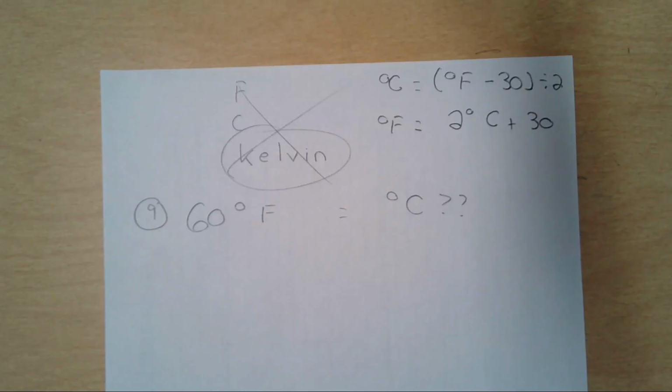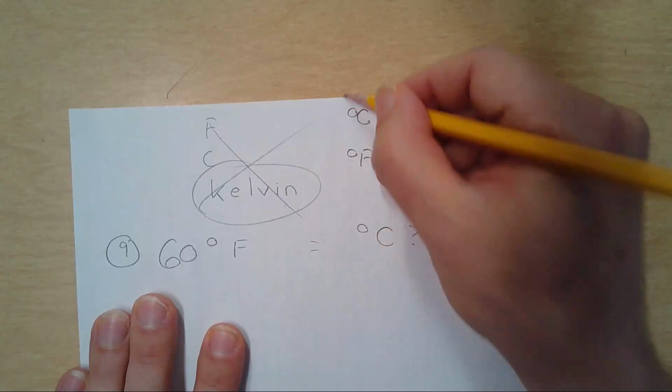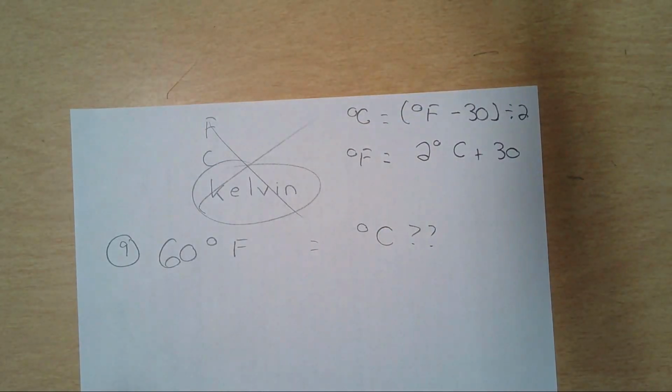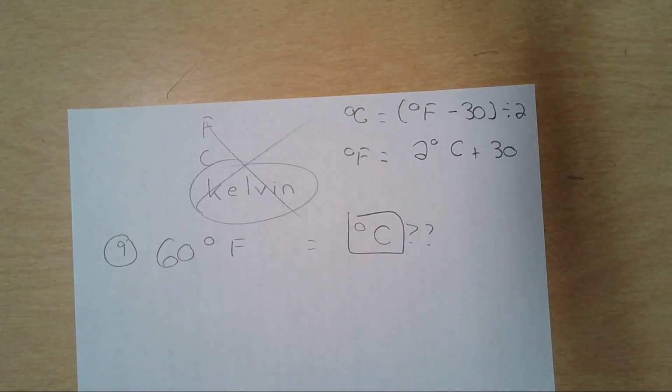So I have 60 degrees Fahrenheit and I want it in Celsius. Now the question becomes, which of these two formulas do I want? To help you pick the right formula, ask yourself, what am I solving for? What am I trying to figure out? The degrees Celsius. So basically, that's the one I want.